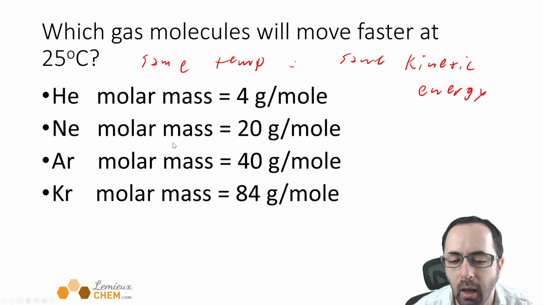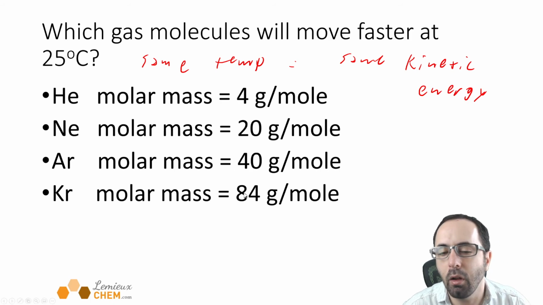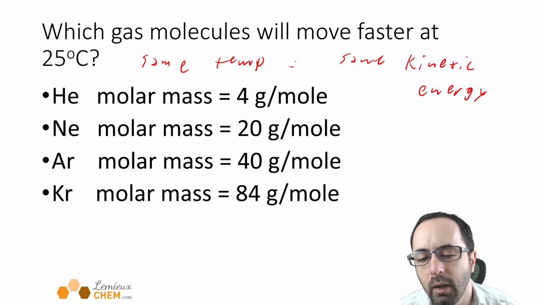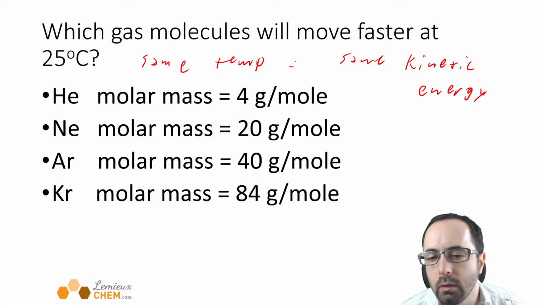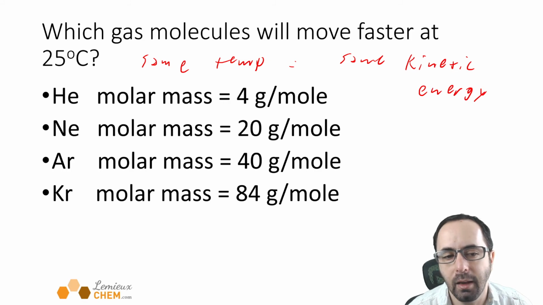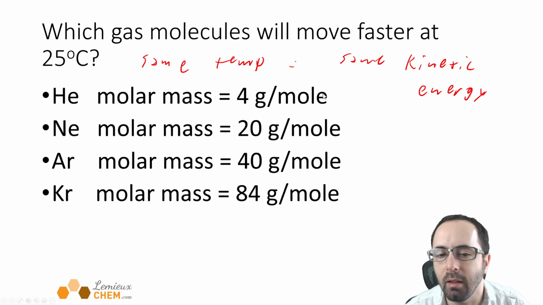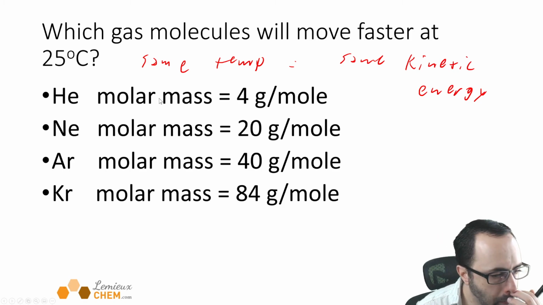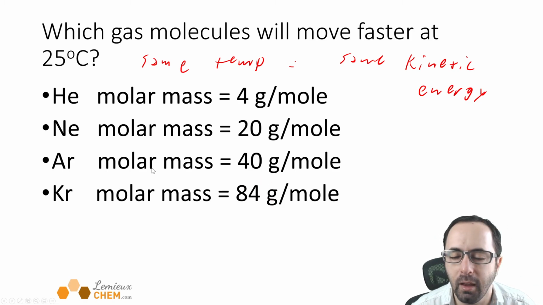But if you have a heavy guy, even at a slower speed, he will have enough energy to knock the person over. That's kinetic energy. So at the same temperature, they have the same kinetic energy, but the lighter atoms are moving faster than the heavier atoms.